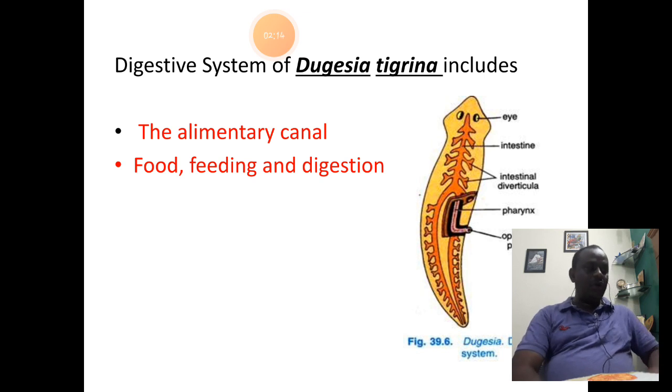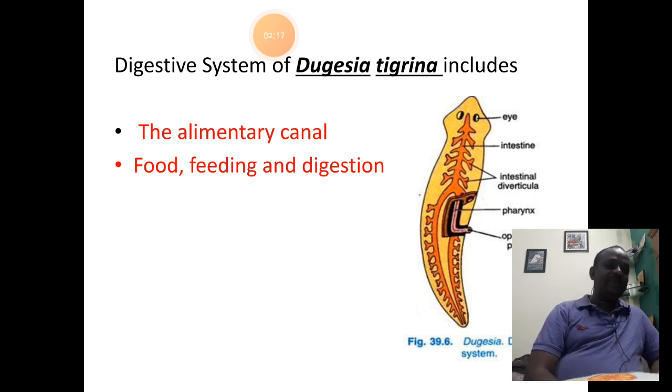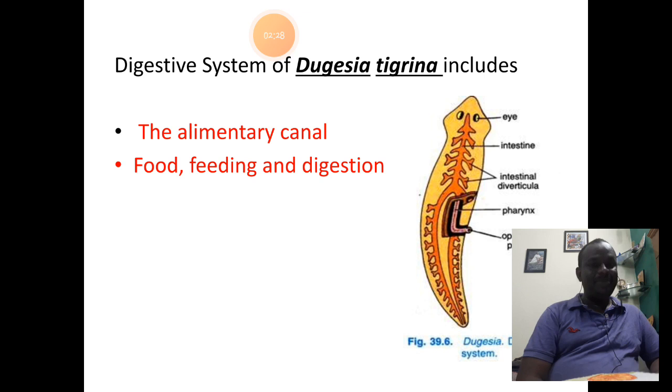The alimentary canal is seen for the first time in the whole animal kingdom here in case of the Planaria or Platyhelminthes. The digestive system is called an incomplete digestive system, where the part called anus, which is responsible for the addition of the digestive waste, is totally absent.